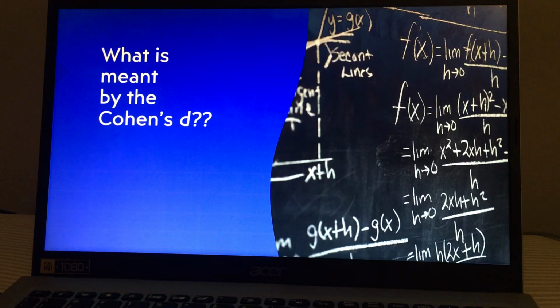If it is about 0.5, there is a moderate effect. If your Cohen's d value is 0.8, the rough interpretation is that there is a large effect.